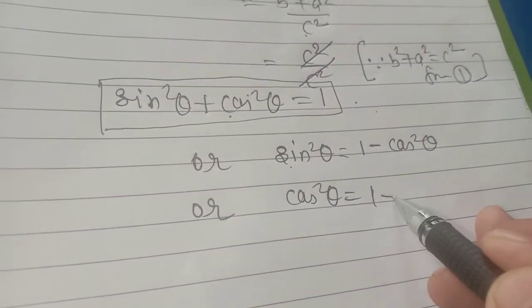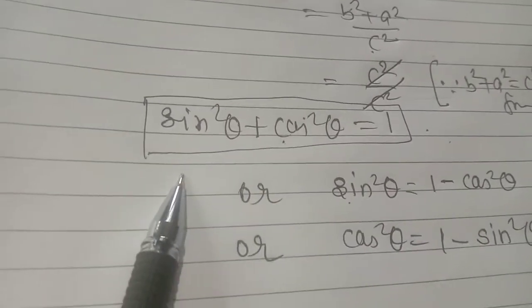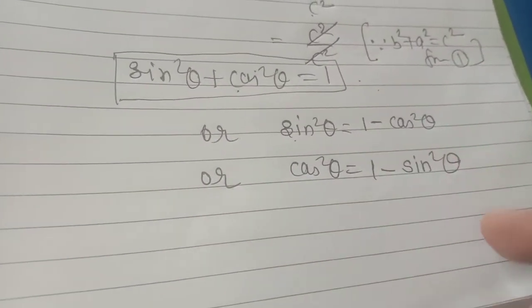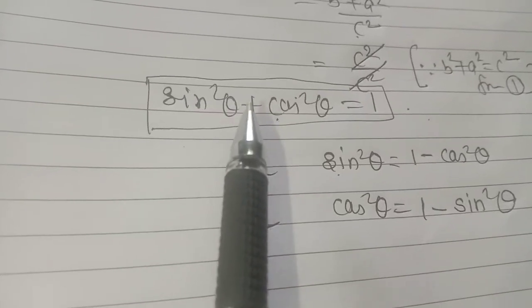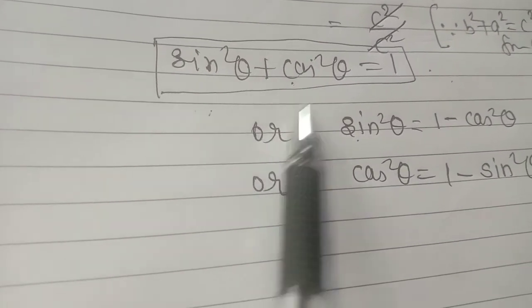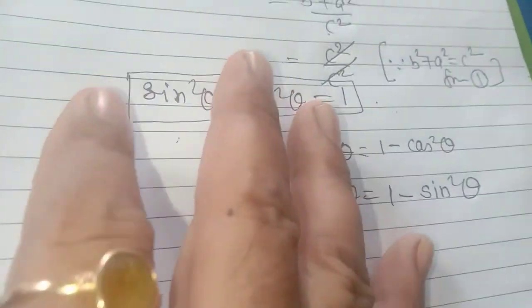So it will be 1 minus sin square theta. So you can see that a single identity gives rise to more new formulas for our adjustment of the numericals. Clear? So this is what the first identity, sin square theta plus cos square theta is equal to 1. Sure? So we have to use this identity for the numericals.